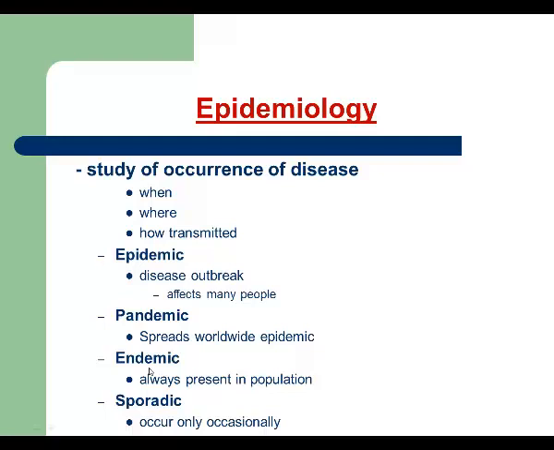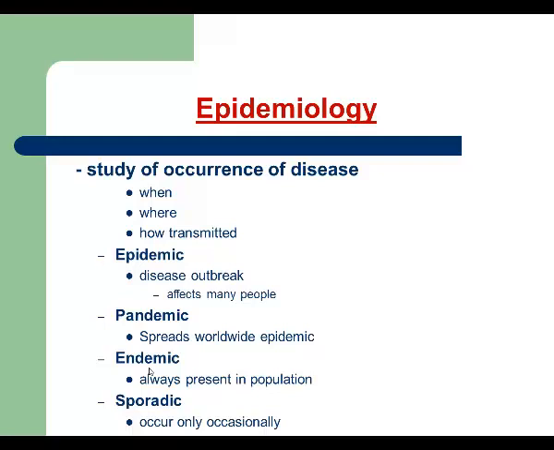Endemic infections are always present in the population, and the level of those infections is pretty much the same all the time. For example, gonorrhea. We have outbreaks of gonorrhea here and there in different areas of the United States, and we always have a few people infected here or there.